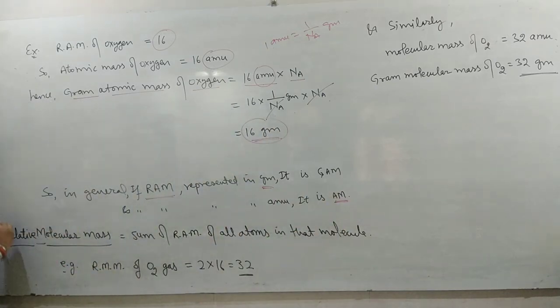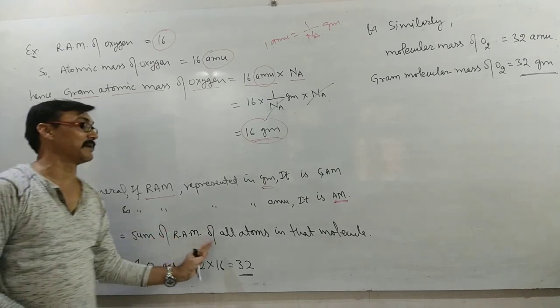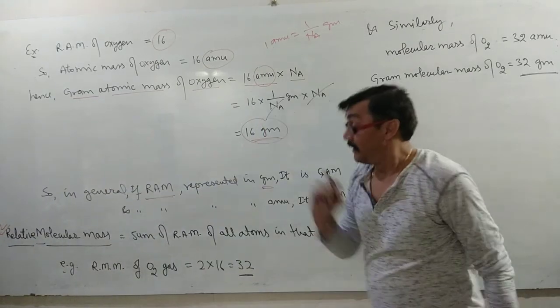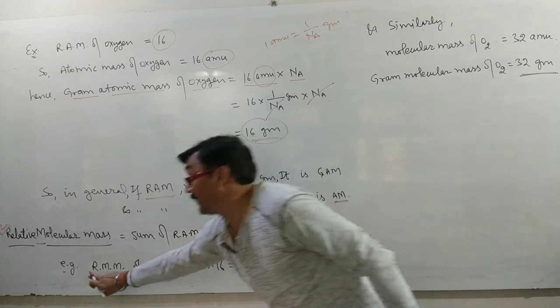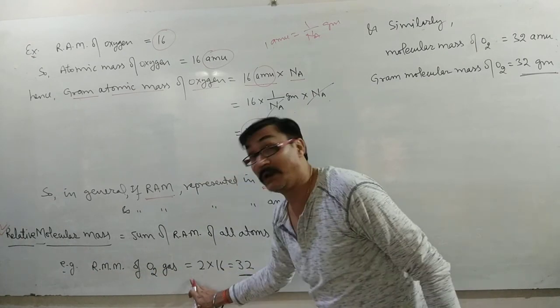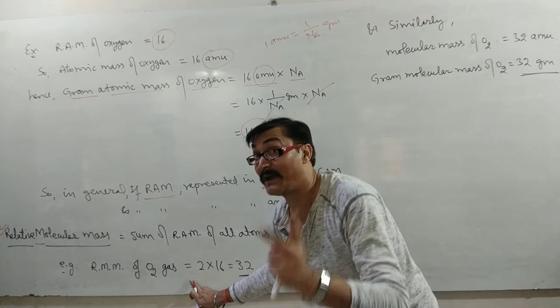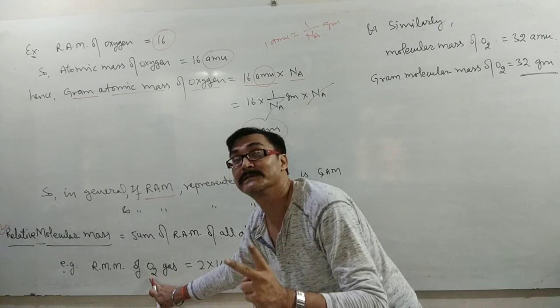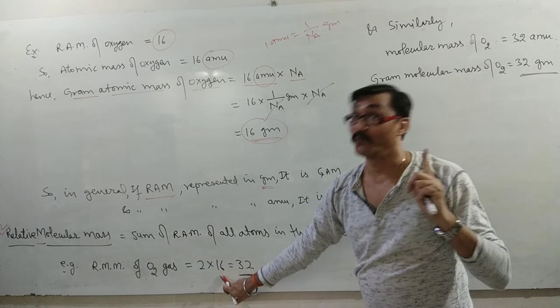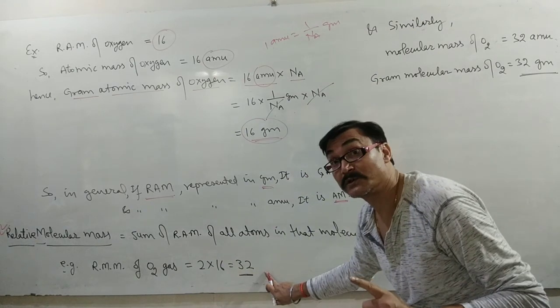Relative molecular mass. Relative molecular mass is the sum of relative atomic masses of all the atoms present in that molecule. For example, relative molecular mass of oxygen gas is equal to sum of the relative atomic masses of two oxygen atoms, that is 2 into relative atomic mass of one oxygen, which is equal to 32.